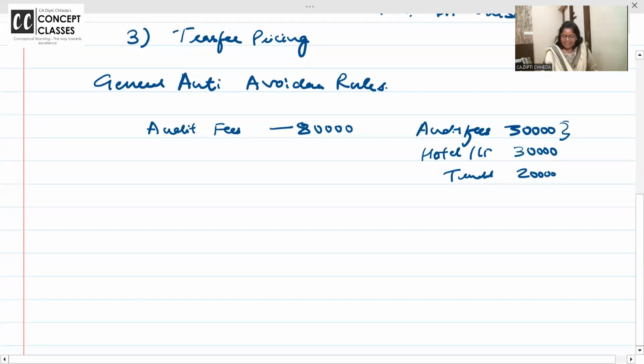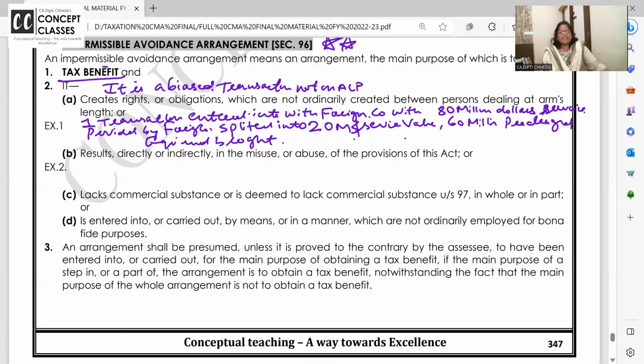So like that, if they are trying to make an arrangement wherein they are trying to skip, and these type of transactions are not at arm's length. If similar service I take from others, will they charge me only 20 million? No, $60 million they will charge. Okay? So first important aspect of impermissible arrangement is tax benefit.